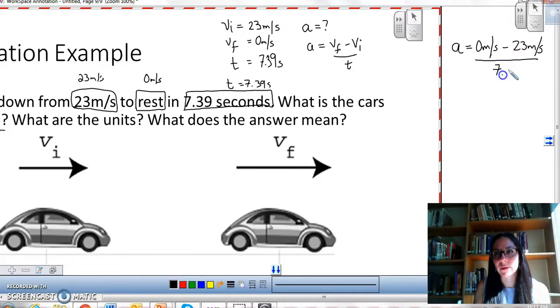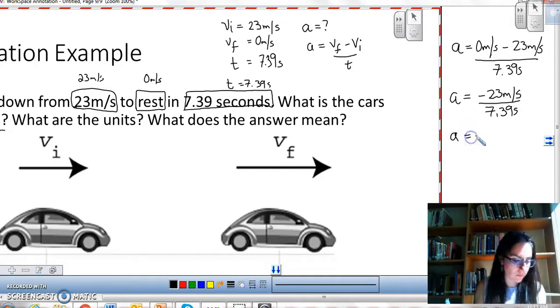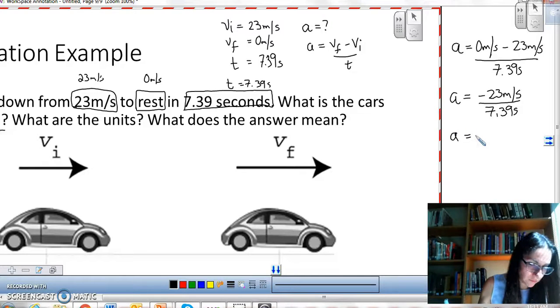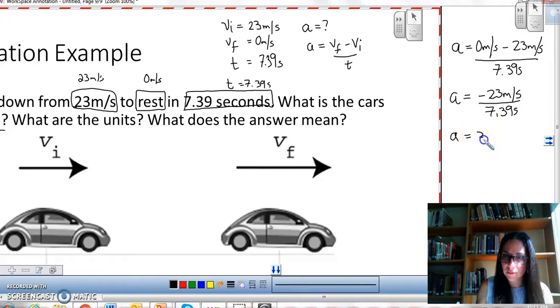And then I'm going to plug in the 7.39 seconds like that. So let's go ahead and calculate this. You can see that this is negative 23, because 0 minus 23 is negative 23, over this. Gives us negative 3.11 meters per second squared.